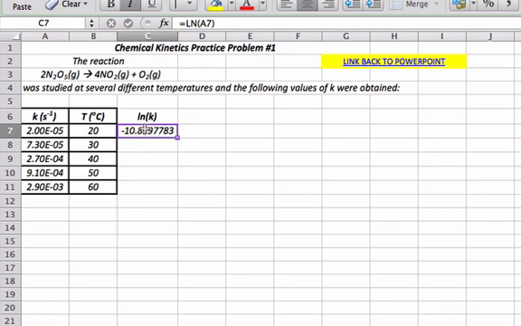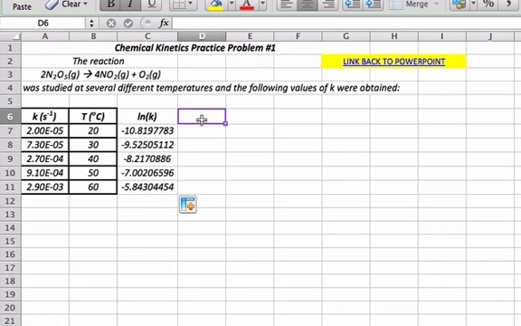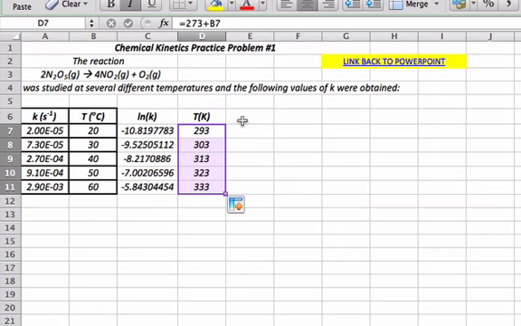And there's my answer for that one, and I'm going to drag that all the way down to copy and paste the formulas. And then my temperature needs to be in Kelvin first. So that's equal to 273 plus my temperature. And again, copy and paste that formula all the way down so it converts all my temperatures.